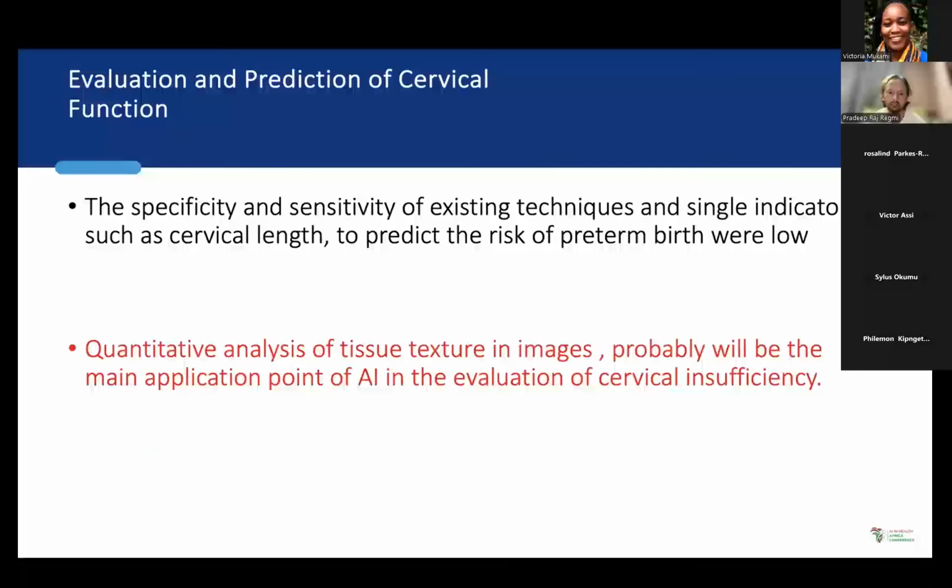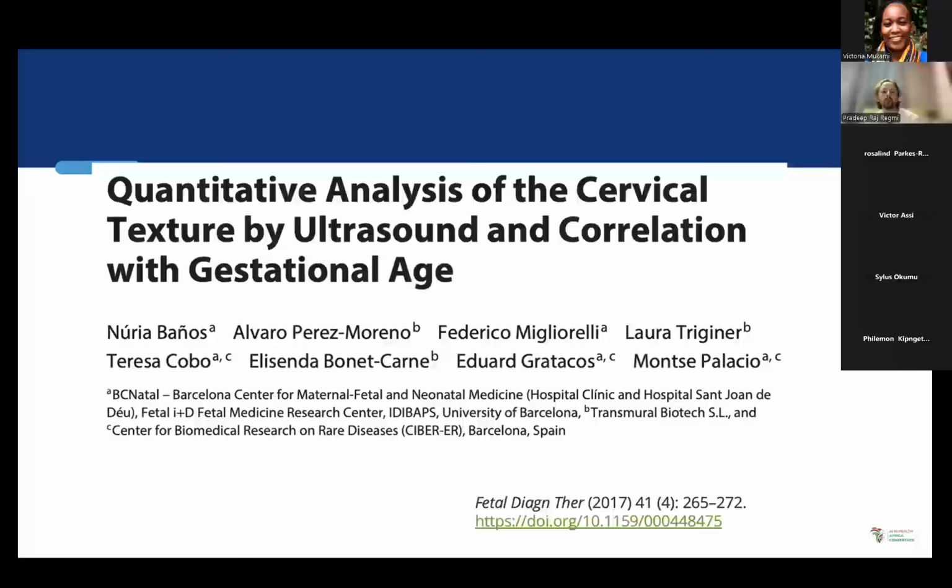And recently there is quantitative analysis of tissue texture from images, and probably it can be the main application point for AI in evaluation of cervical insufficiency. There is one study done in Spain where they quantitatively analyzed the texture of the cervix in correlation with gestational age.